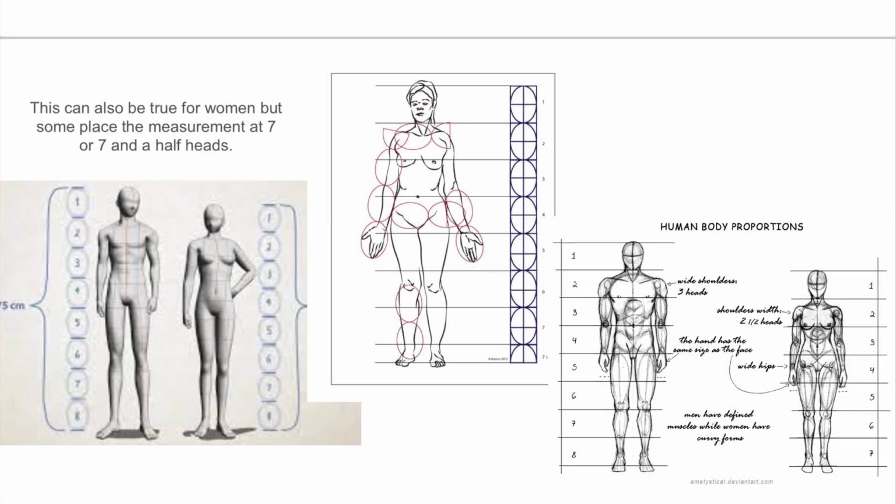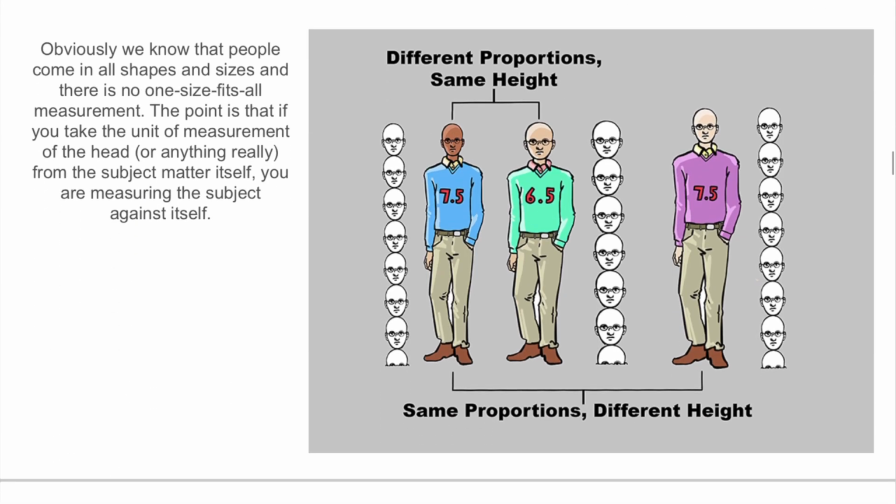So again, this will go back down to what type of person we're talking about. You've got heavier, thinner, taller, shorter people with different genetic makeup that might mean that proportionately to their body, their head might be larger than someone else's or smaller, and that unit of measurement then would change.